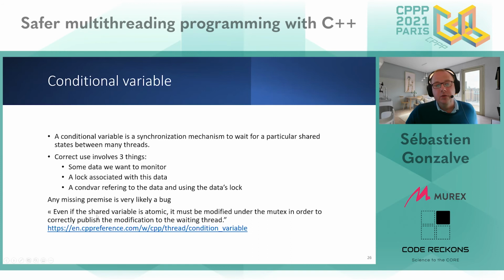Especially if you are using atomics, thinking the lock would not help in your case. It is clearly stated in the standard that you must take the lock when modifying the data in order to have the notification published to the other thread. So this is important.